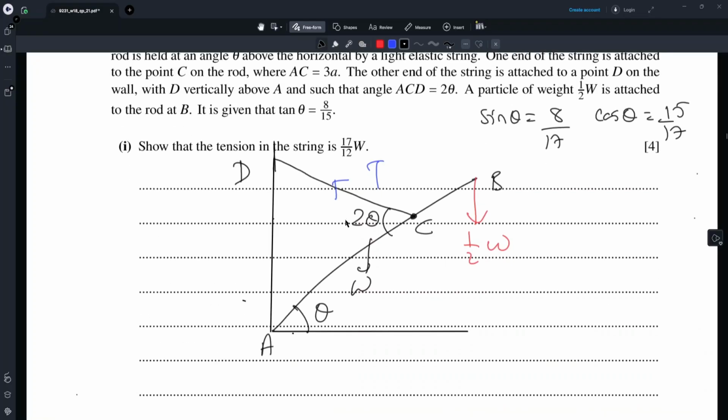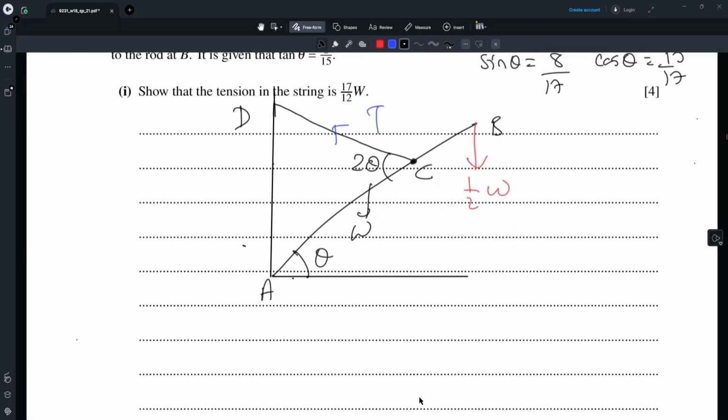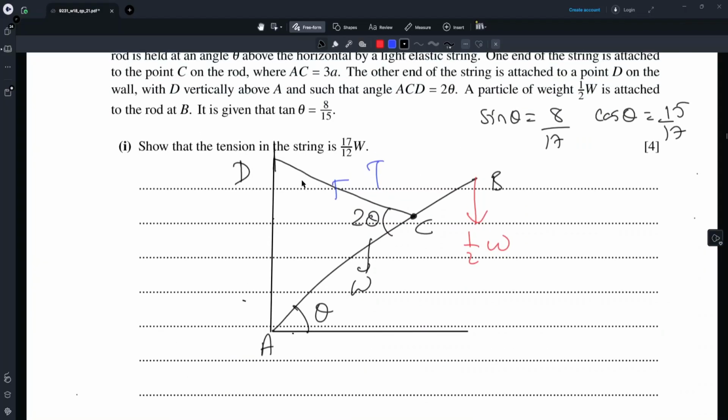After that, we have to do the following. Because we have T and whatnot, I'm going to first try to make an equation. Taking moments, because it is in equilibrium, this is 3A and this is A. So W cos theta, and half W cos theta.